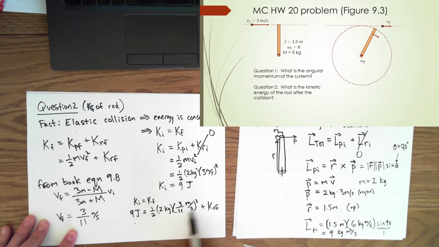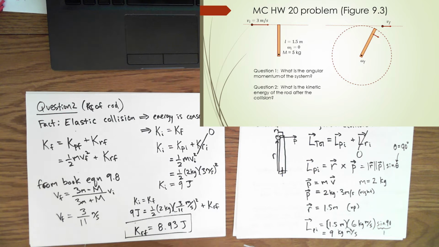So go ahead and calculate that number, move it to the left-hand side of the equation, subtract it from the 9, and what you'll find is 8.93 joules. That's how you solve this problem in the easiest way.